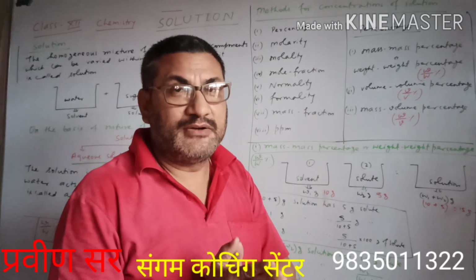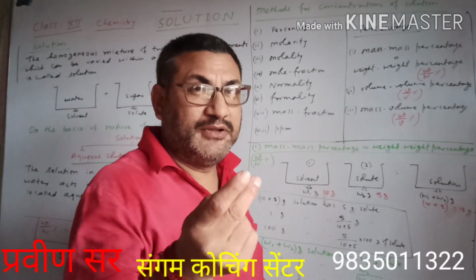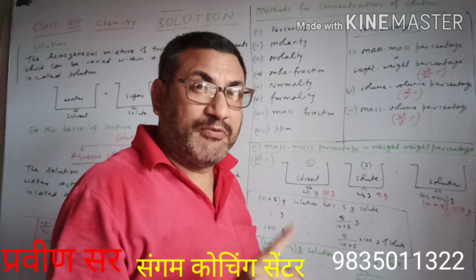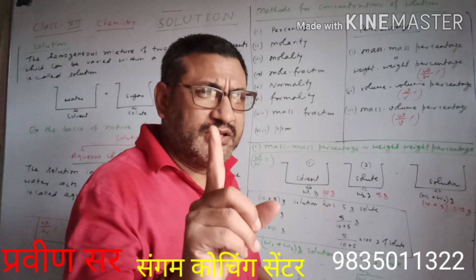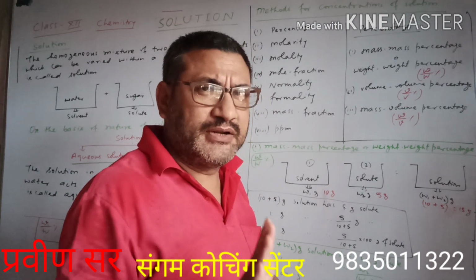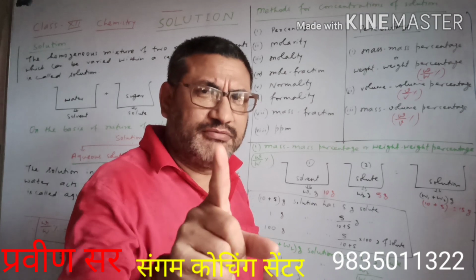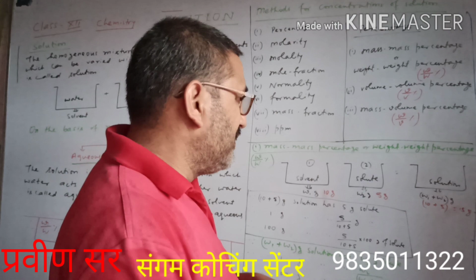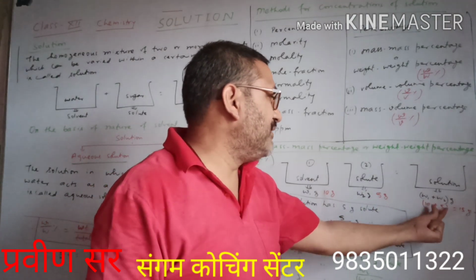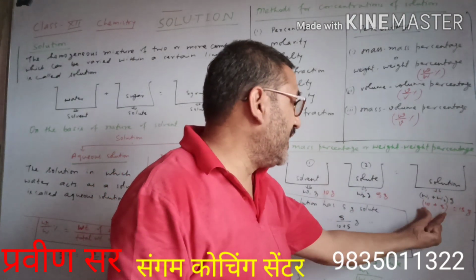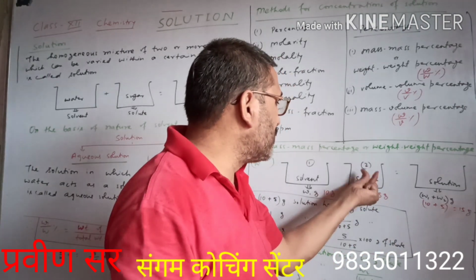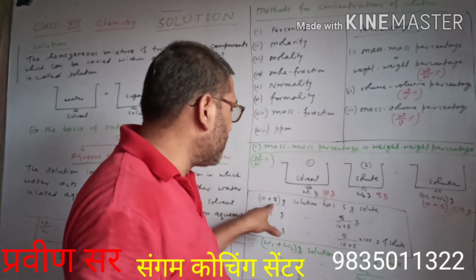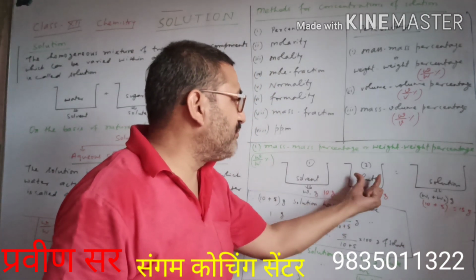Percentage is always obtained on the mark of 100. Here we see 10 plus 5, that means 15 gram of solution. How much sugar? Sugar is here 5 gram. Then we can say 10 plus 5 gram is the solution, and 5 gram is the solute.